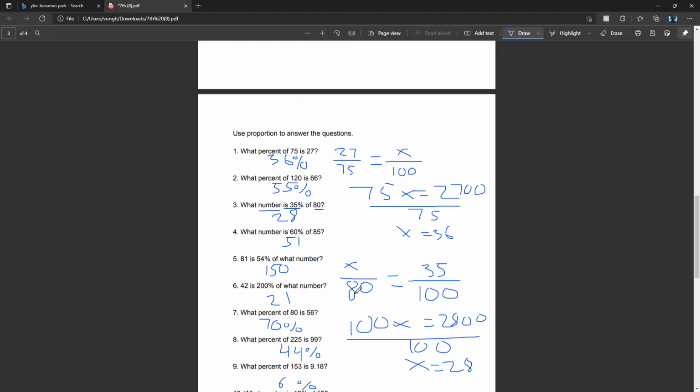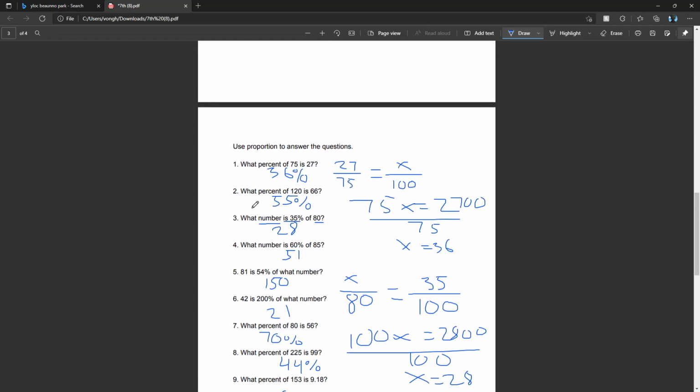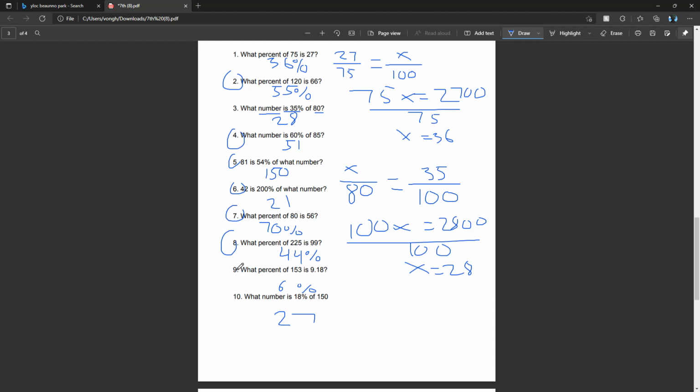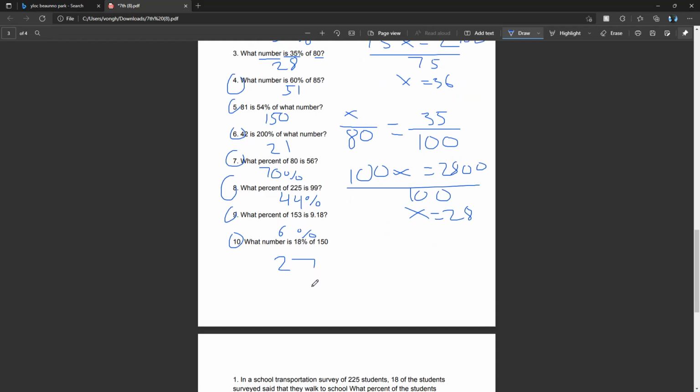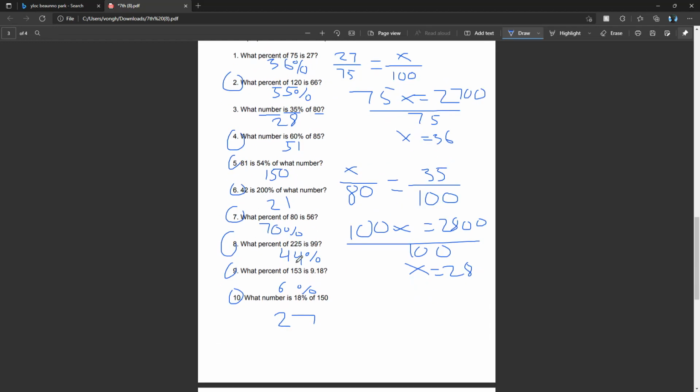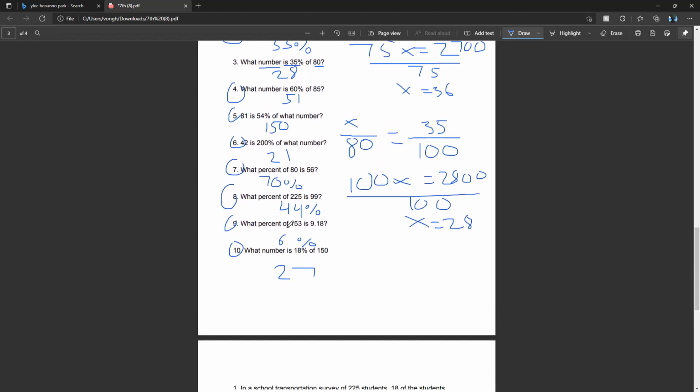So try to do 2, 4, 5, 6, 7, 8, 9, 10 on your own, and if you want to check your work or your answers, these are the correct answers.